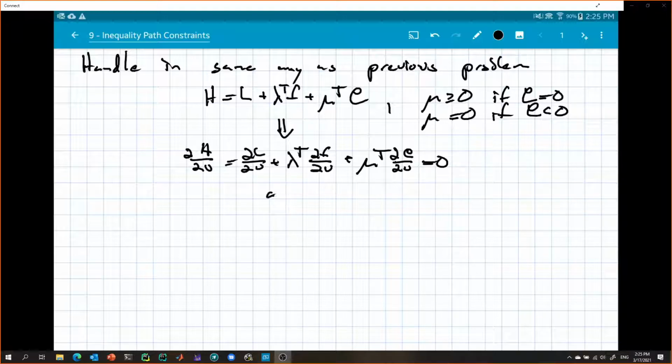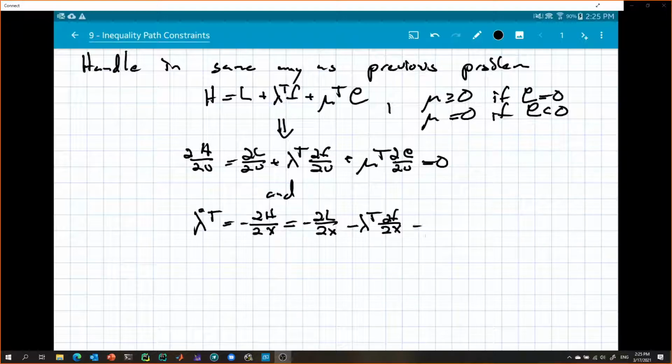But then we also get an additional addition to the co-state dynamics, which is the negative partial of the Hamiltonian with respect to the states. But then we get the additional constraint term.